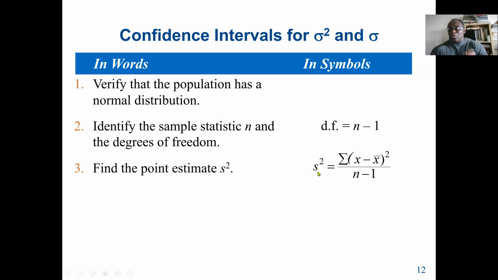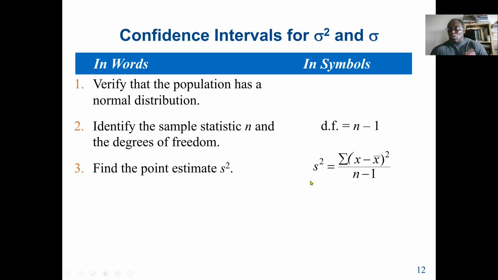Here we are finding the sample variance, so since the data we are using is a sample, it is divided by n-1. If it's a population, we divide by n. So this is the exact formula from descriptive statistics for finding the sample variance.